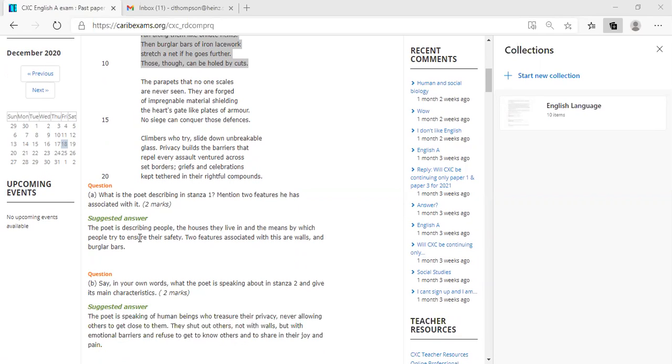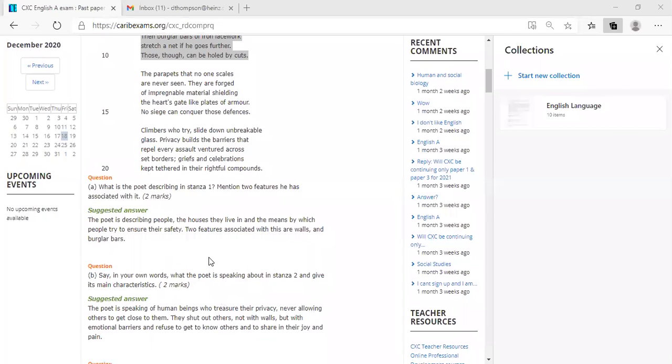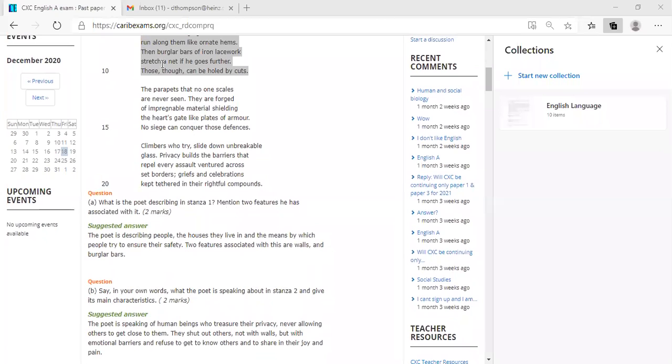The literal meaning was that there are houses, and the guy is preventing others from reaching inside by using walls and mortars. But the figurative meaning in stanza 2 is that emotionally he's keeping others out with his figurative walls, so to speak. Understand? So if they try to get any further, it will stop them in their tracks.